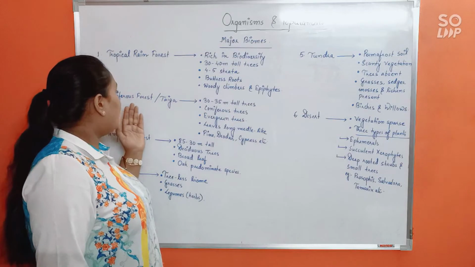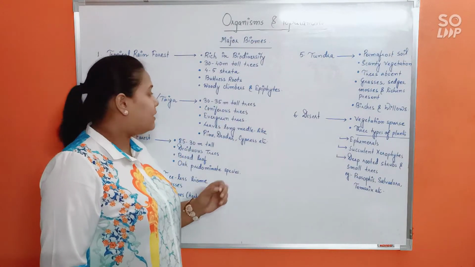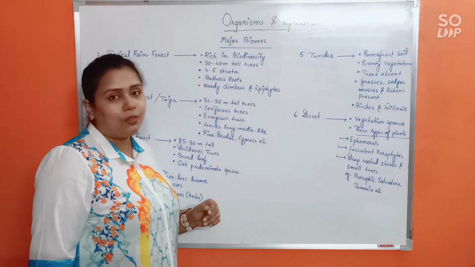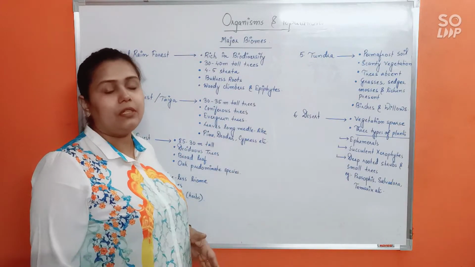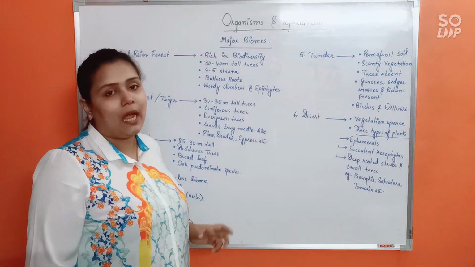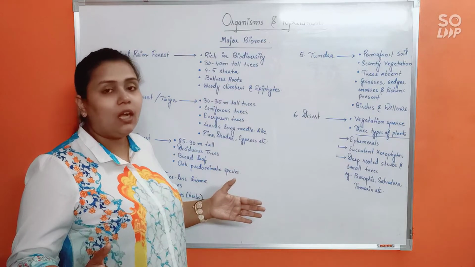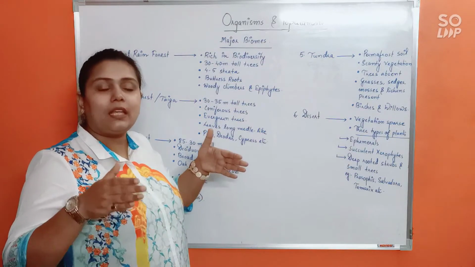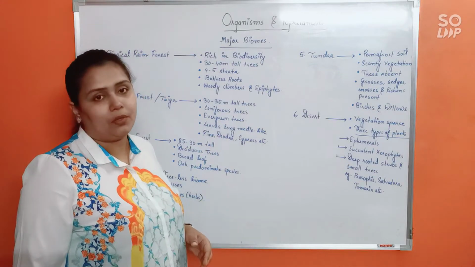Next, coniferous forest or taiga, 30 to 35 meter tall trees. Coniferous trees, all of you know, means trees which have a cone shaped appearance. They show excurrent habit, means the lowermost branches will be much longer and the uppermost branches will keep on getting shorter, hence giving rise to a cone shaped appearance, right?